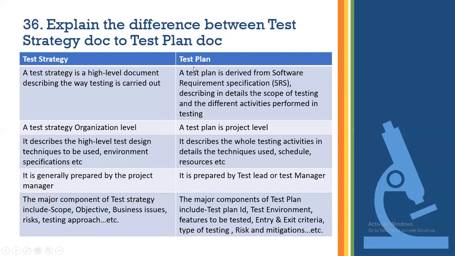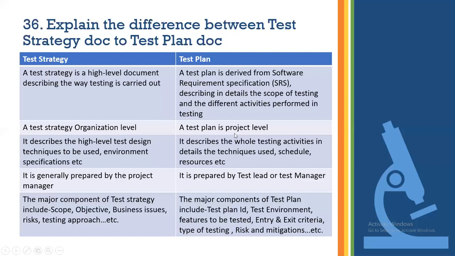Test plan describes the detailed testing approach, scope, and the testing techniques which we are going to use. Based on the current release of the application, the test plan is going to be prepared. As a result, test strategy is at organization level, based on the company's approach.